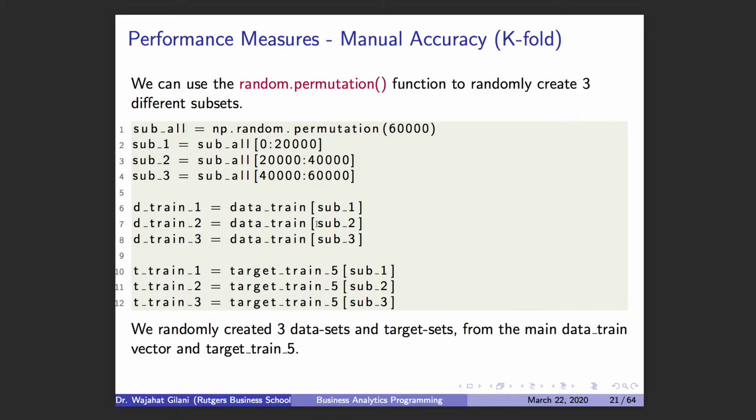It's just that in sub underscore 1, it only has 20,000 values. So D underscore train 1 is now only going to be 20,000 rows of training data. Same thing with D underscore train 2 and D underscore train 3, because sub underscore 2 and sub underscore 3 are also length 20,000. And that's how we took our training data and broke it up randomly into 3 different subsets of training data.